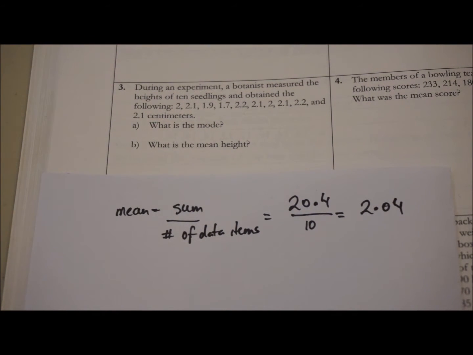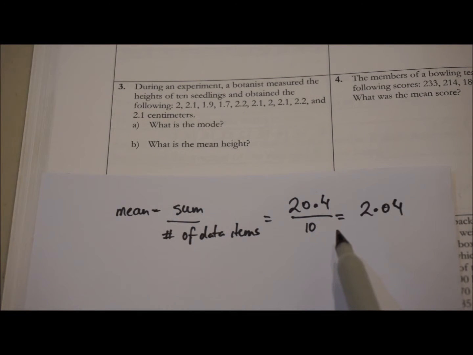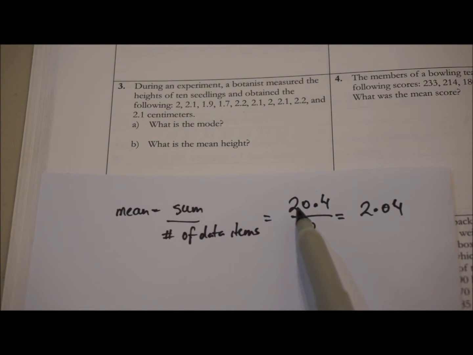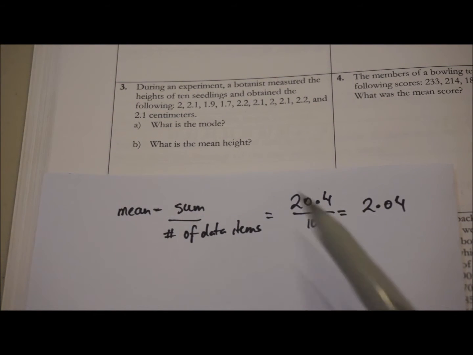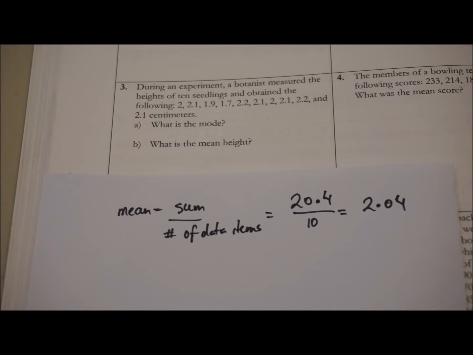A point of note, this should be an easy calculation to do, because remember, if you're dividing by 10, you simply move your decimal point one space to the left. Therefore, the mean of this data set, or the mean height of the seedlings, is 2.04 centimeters.